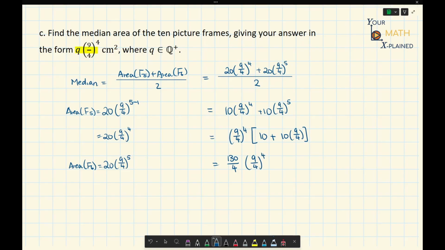And let's just go ahead and simplify our fraction in front. So our final answer here is 65/2 times (9/4)^4. And that's in the form that they asked for. So this is our final answer.